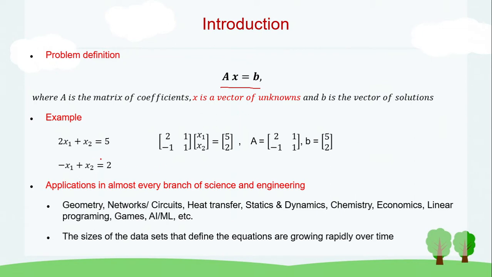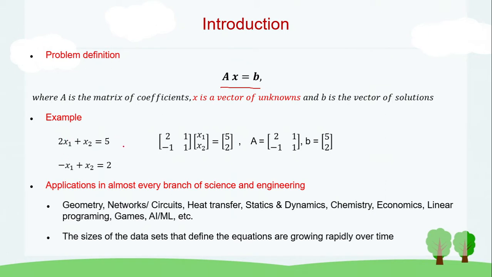In fact, for such a simple one, we don't need a quantum computer or any classical computer. We can do it manually, right? If I subtract this equation from here, then it becomes 2x1 minus of minus x1, that is 3x1, plus x2 minus x2, so the x2 term goes to 0, and 5 minus 2 is 3.